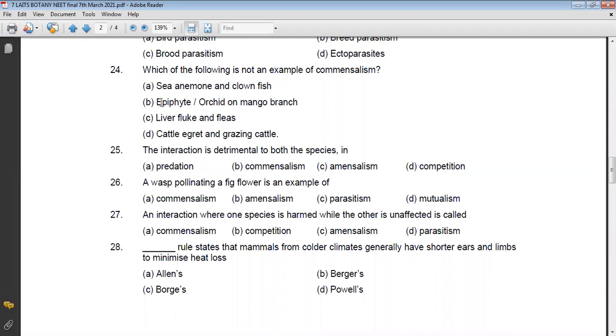Epiphytes are getting benefits, the mango branch is not. Sea anemone and clownfish gets benefit, the sea anemone remains unaffected. But in the case of liver fluke and fleas, these are parasites, so this is not an example of commensalism. The answer will be C.